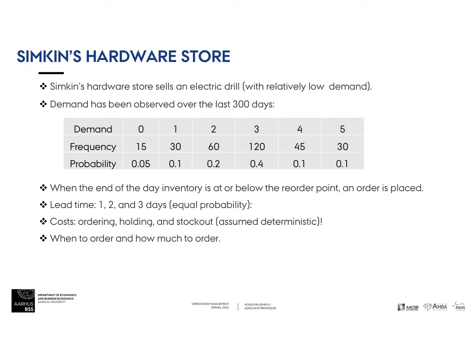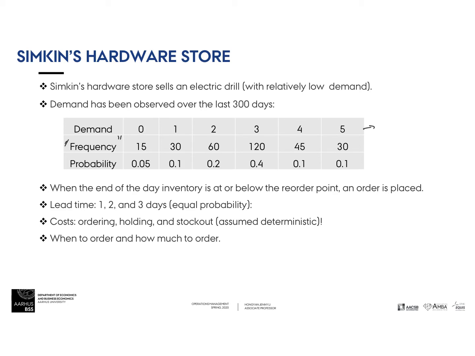So let's start with the textbook example. There is a hardware store. They sell an electric drill, basically a tool. They observed the demand for this item over the last 300 days, and then counted the frequencies of these demands. The demand could be no demand, 0, or 1 unit, 2 units, 3 units, 4 units, or 5 units per day.